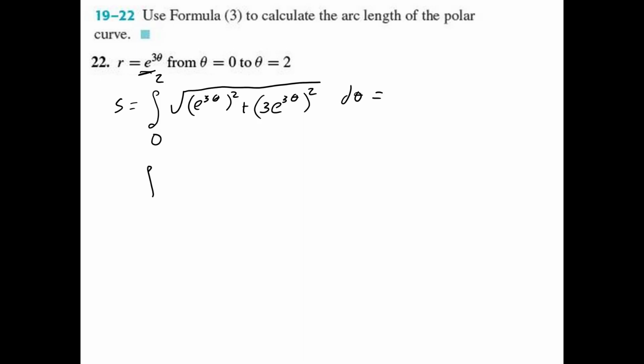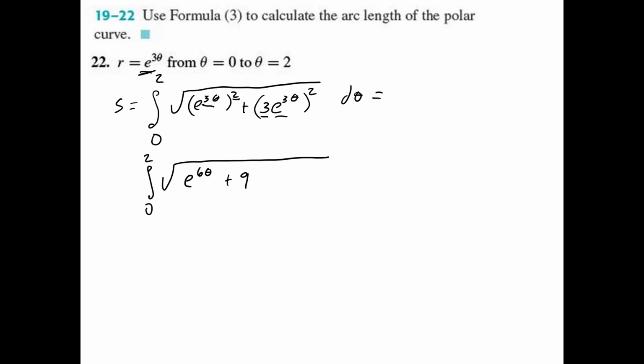Now this works out nicely because you get the definite integral from 0 to 2. e to the 3 theta, when you're raising a power to a power, you multiply the exponents, and so you get e to the 6 theta. And when you're squaring a product, you square both of them. So the 3 gets squared and becomes 9.